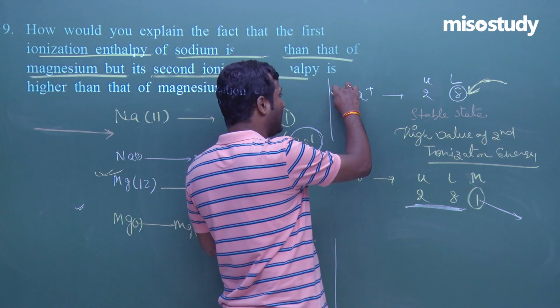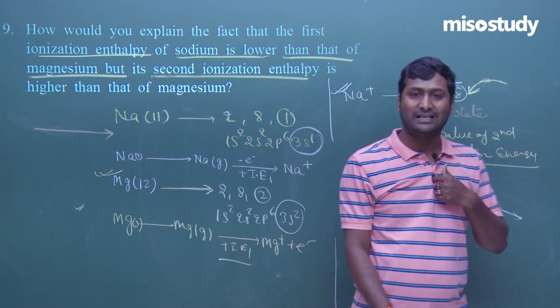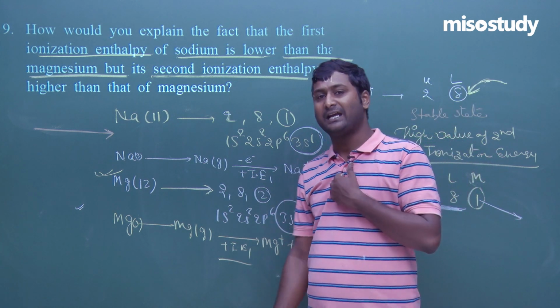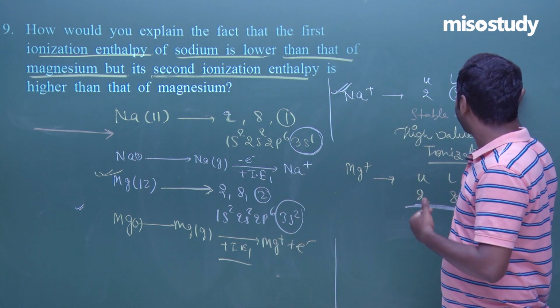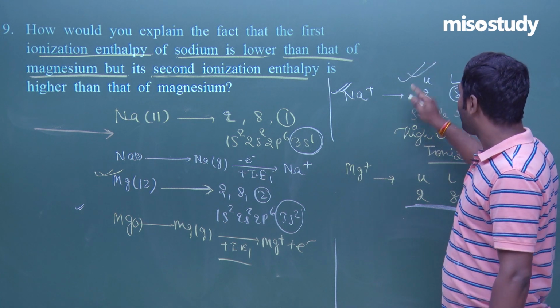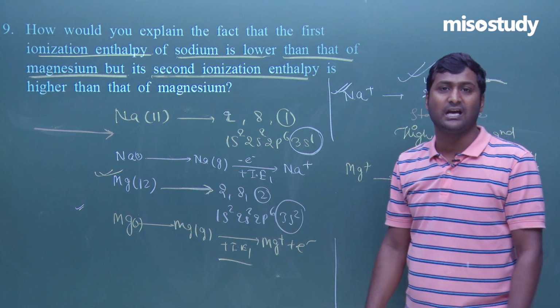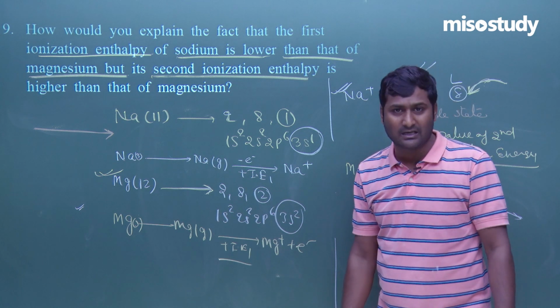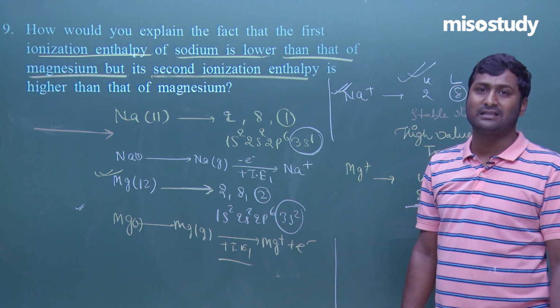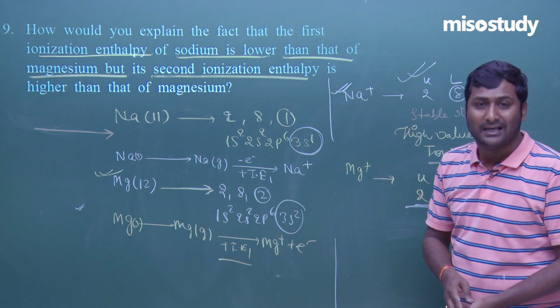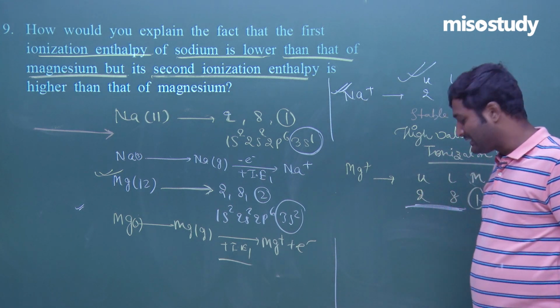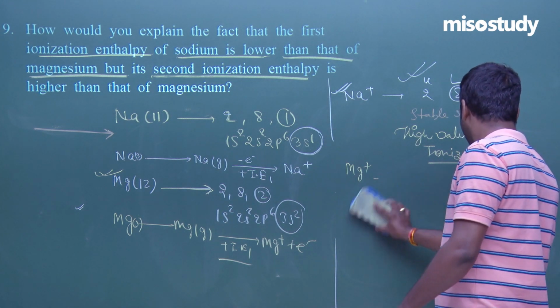So sodium has first ionization energy less than magnesium, but second ionization energy more, because after losing one electron it acquired the nearest inert gas stable configuration. So it is hard to release the electron from the inert shell. Clear to you? I think now you can easily solve such kind of questions, my friend.